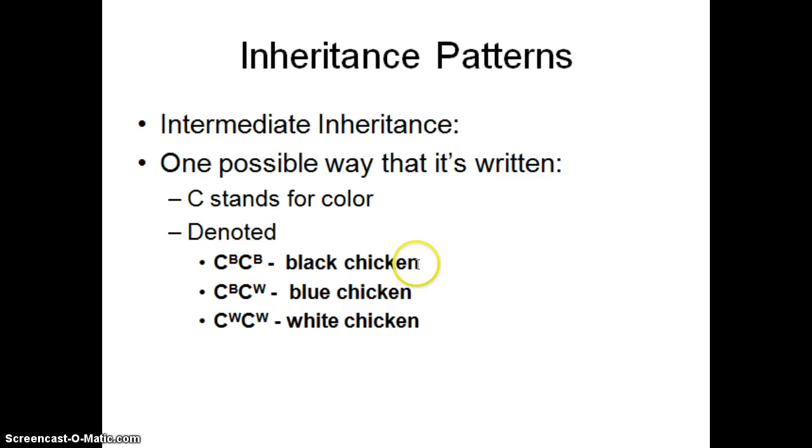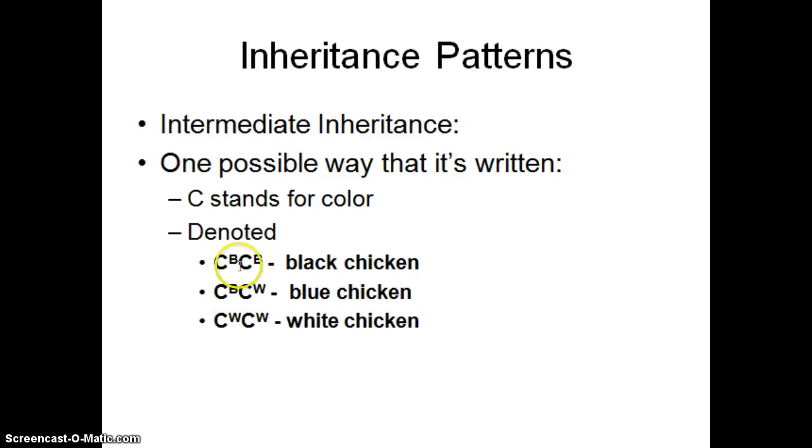So this would be CB. CB/CB would give us a black chicken. CB/CW would give us something in between, and I know you're saying black and white would give us gray, but they typically call this chicken a blue chicken, so I apologize, it's not gray, but it's something in between either extremes. The white would be CW/CW, so the only way we get a white chicken is if we have these two alleles.